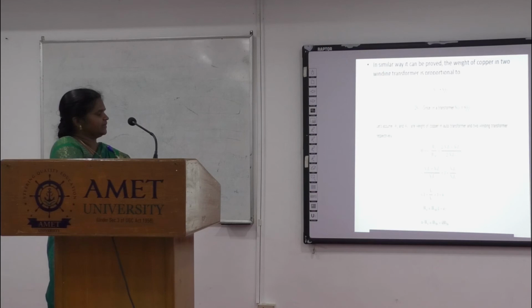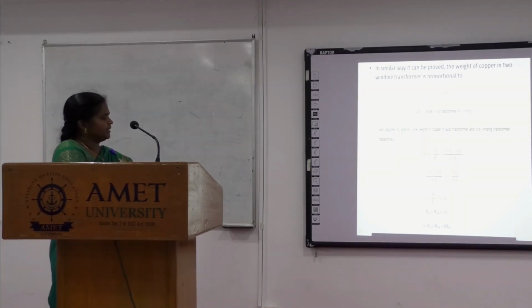Usually this K varies from 0 to 1. So if you substitute any value between 0 to 1, obviously the weight of the auto transformer will be, for example, if K is 0.6, 1 minus 0.6 is 0.4. 0.4 times the two-winding transformer weight will be equal to the weight of the auto transformer. By this derivation, we can understand the weight of the auto transformer will be less than the weight of the two-winding transformer.